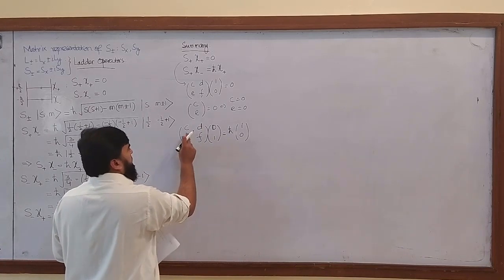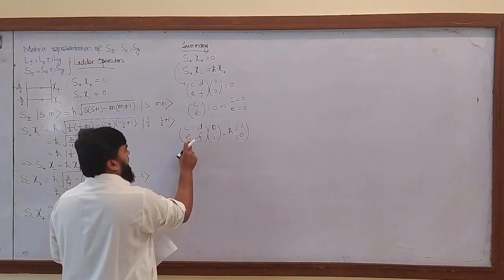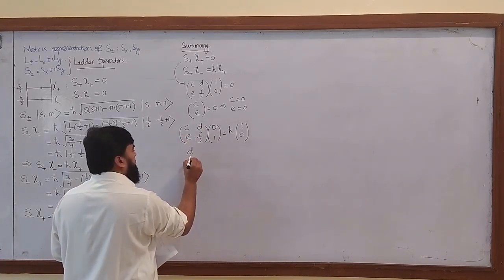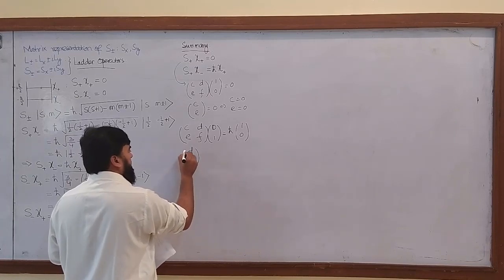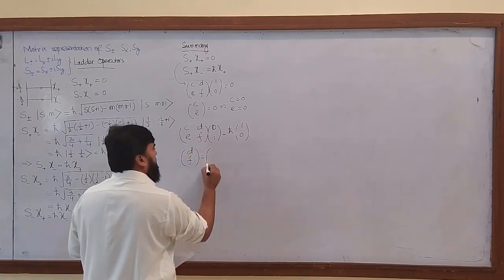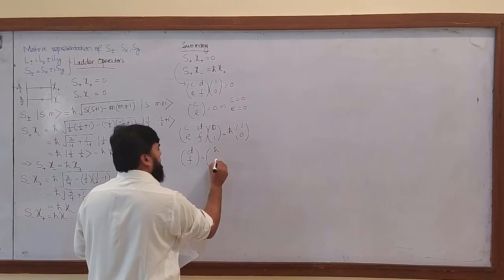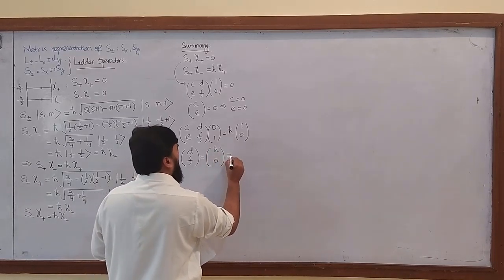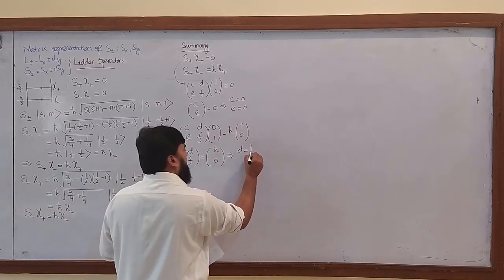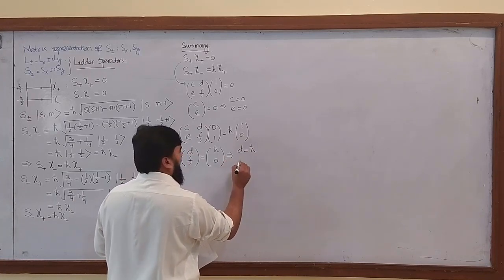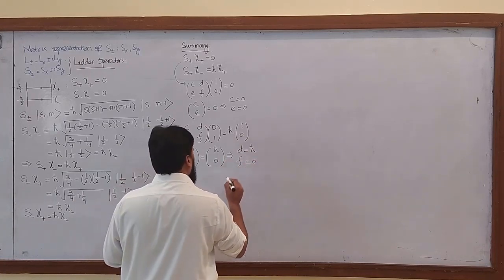So this multiplication gives you C and E zero, and only D, F remains. This is equal to h bar, 0, and you get that D is equal to h bar while F is equal to 0.